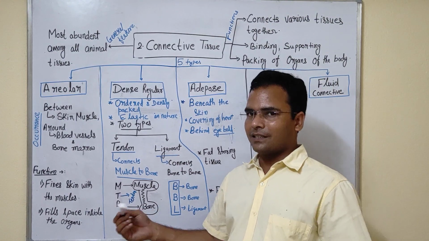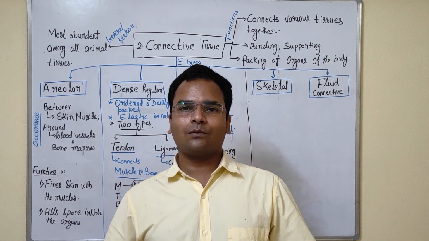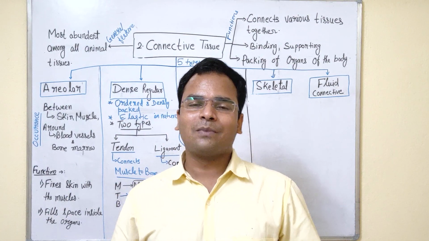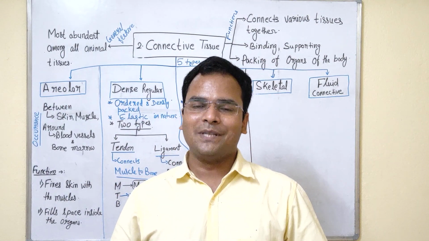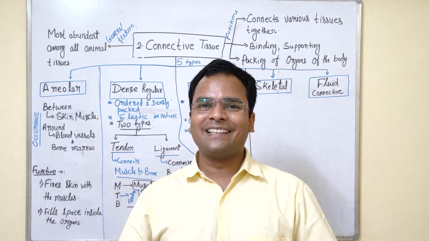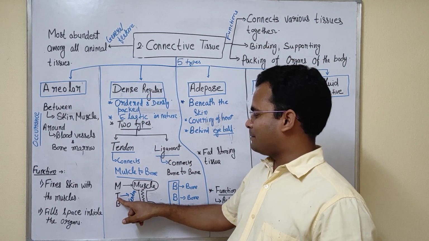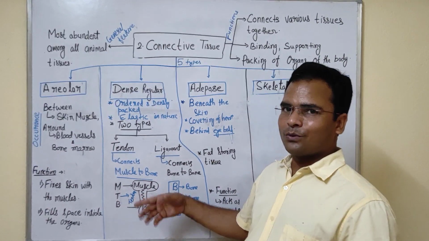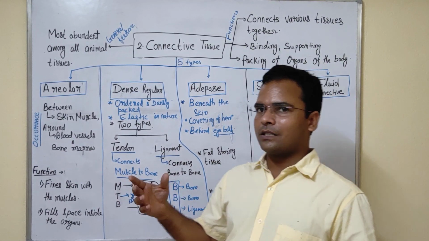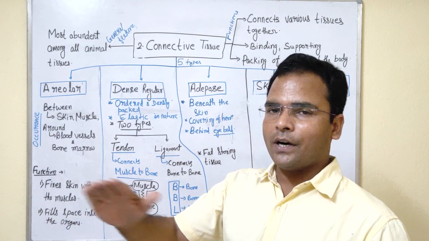I made a code like this. It's up to you. In my school days, there was a cycle. Its brand name was Hercules MTB. So my cycle was also there, so I made the code like MTB. Muscles to bone is connected by tendon. So you could make also, in biology, if we are making mnemonics, it helps to avoid the confusion.